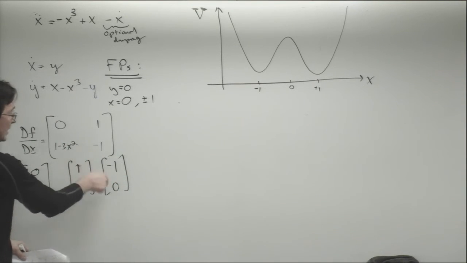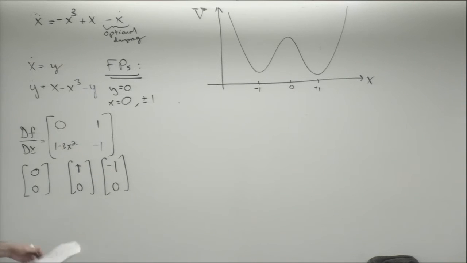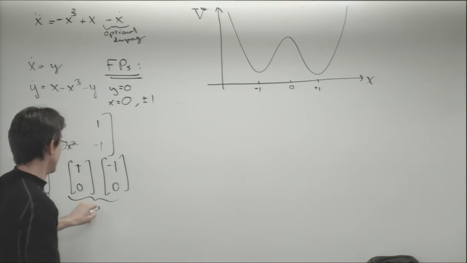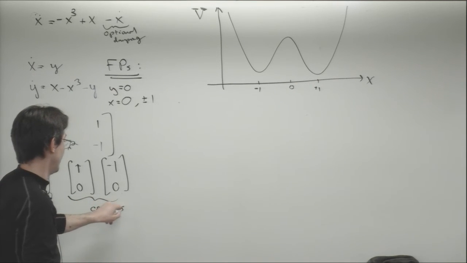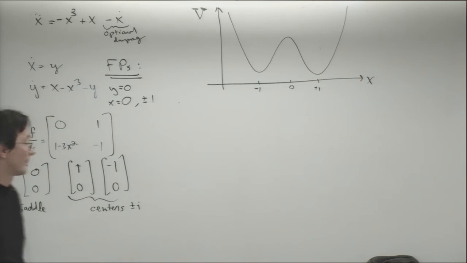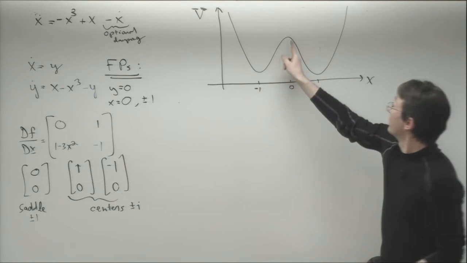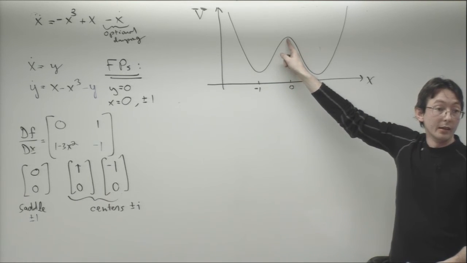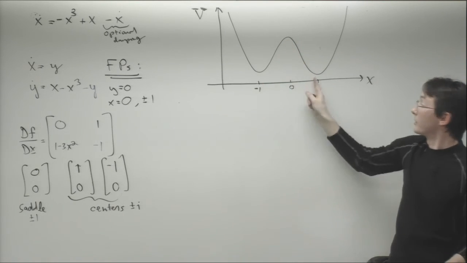And when I plug these in and compute the eigenvalues and eigenvectors, I find that the 0, 0 point is a saddle, and that both of these points are centers. They have plus or minus i eigenvalues. Makes sense. This point is a saddle, and these points are centers.